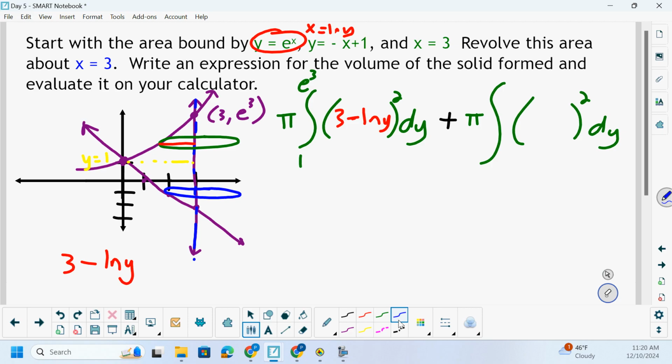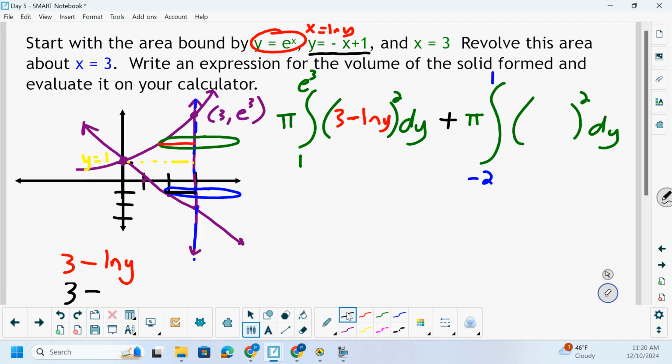Our y value bounds for below that yellow line, we're going as low as -2 and as high as 1. Here's an example of our radius. We'll do a right minus left, so we're doing 3 minus the line. But we've got to do the line in terms of y.